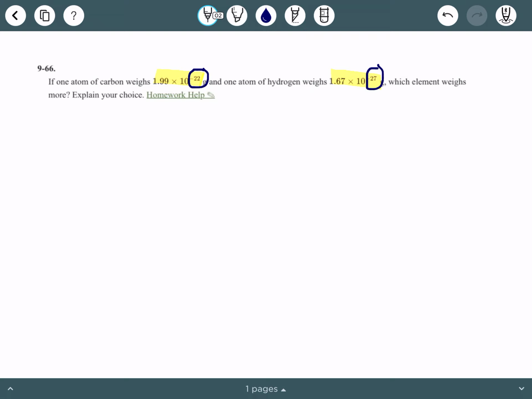So let's go ahead and say carbon weighs more because there are going to be less zeros after the decimal point. So carbon weighs more.